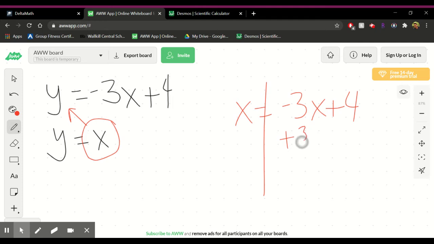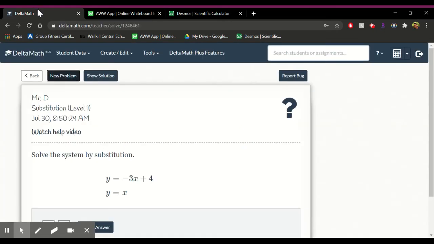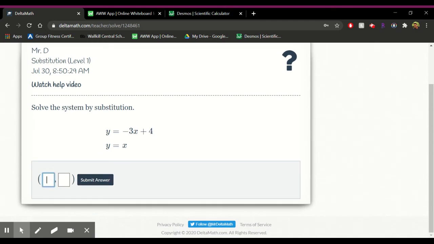Add 3x to both sides. Remember, there's a 1 in front of the x, so it's 1x plus 3x, which is 4x. Divide both sides by 4, and you get x is 1. And you notice if x is 1, that's going to be the same thing as y, right? So it should be 1, 1. So both of these are going to be the same exact thing.